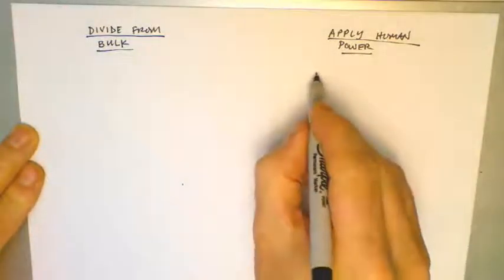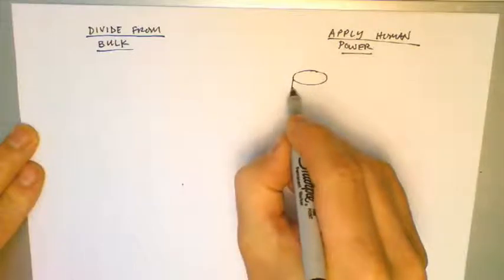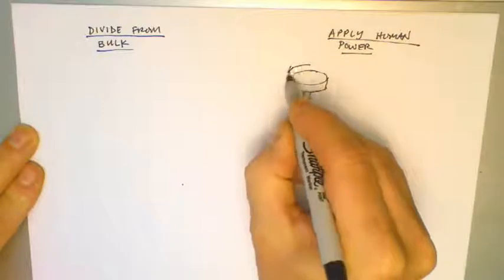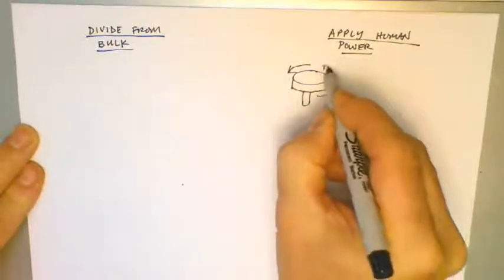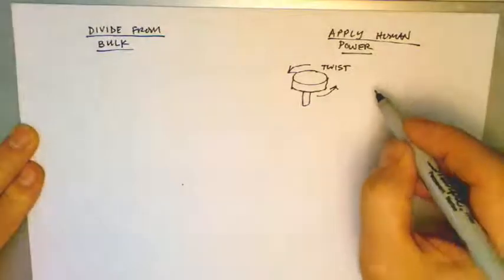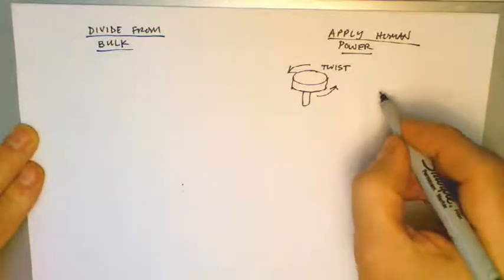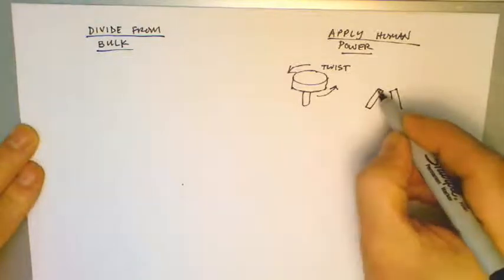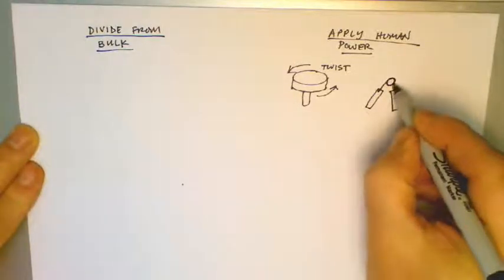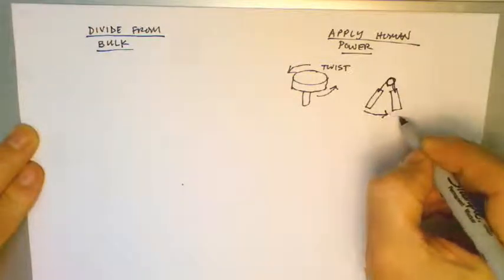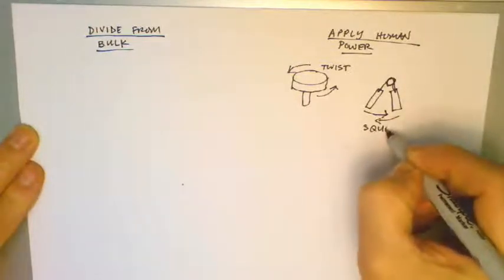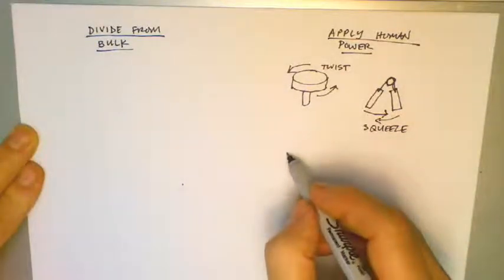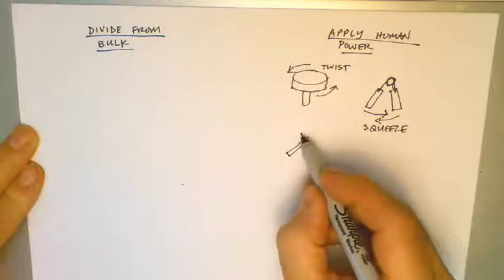So some ways that you might apply human power: you might imagine twisting. You might imagine squeezing. You might imagine hammering or impacting. Let's just draw a little hammer here.